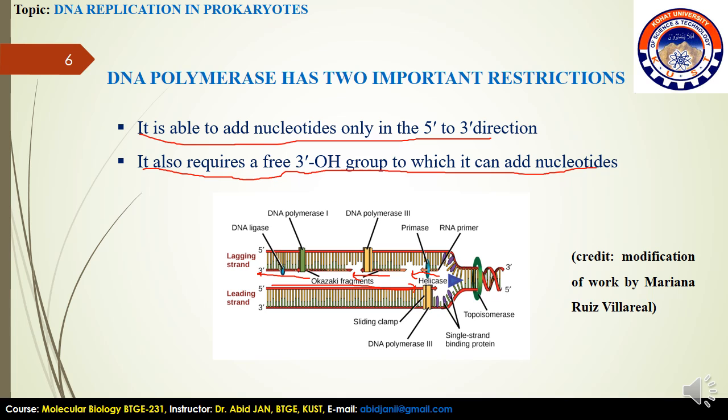Another enzyme, RNA primase, this one in sea green color, synthesizes an RNA segment, orange color, that is about 5 to 10 nucleotides long and complementary to the template DNA. Template DNA is in red color.